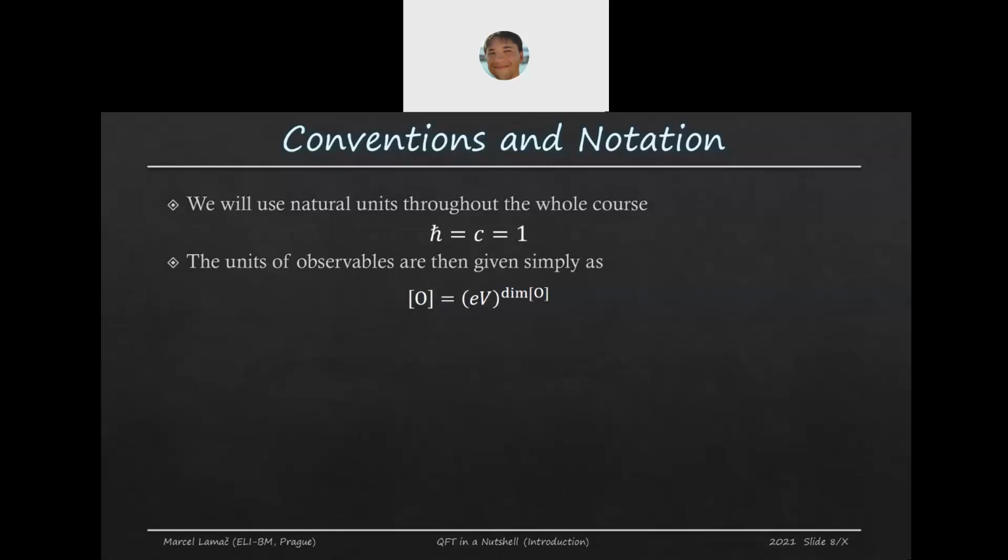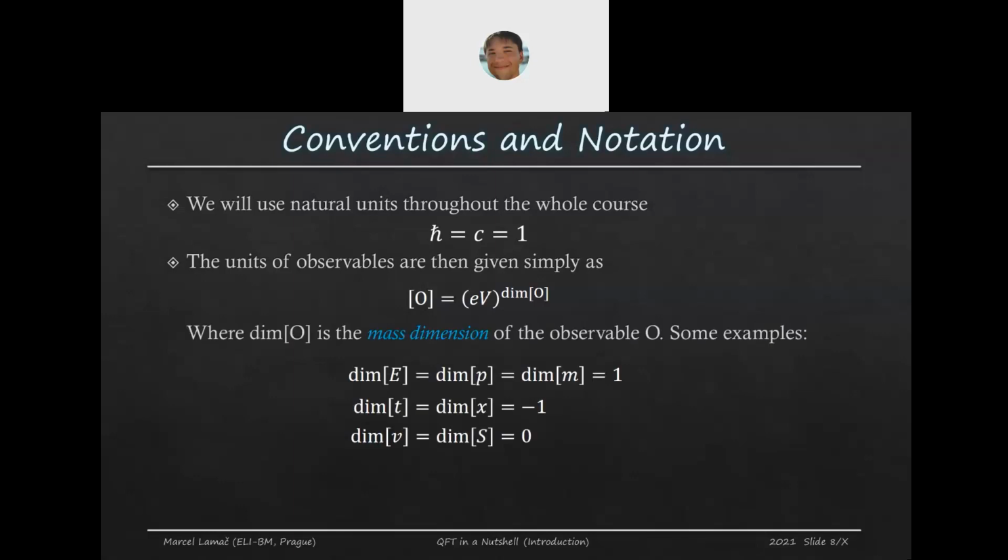What is the mass dimension? Well, let's look at some example. For example, the energy. Since c is equal to 1 and E is equal to mc squared, then E is equal to m, so we can say that everything is measured in electron volts, in energy. So we can say that the mass dimension of energy is equal to 1.